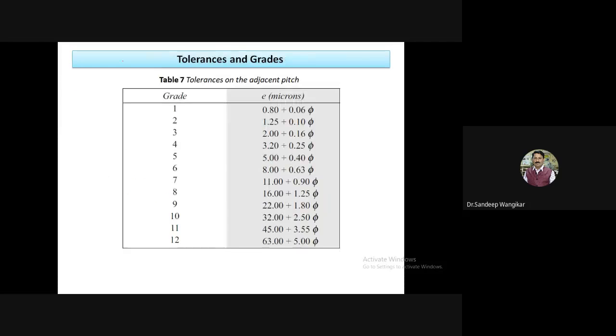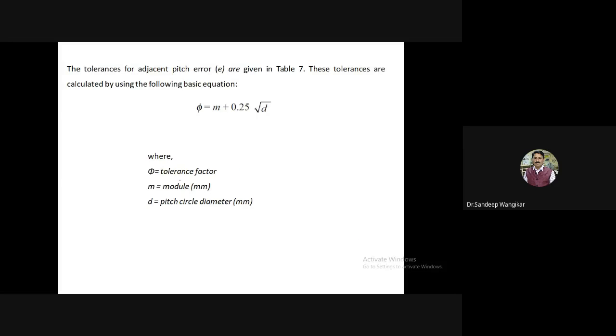Error for grade 1 is given by 0.8 plus 0.065 phi. Error for grade 12 is given by 63 plus 5 times phi. And what is this phi? This is the formula for phi.